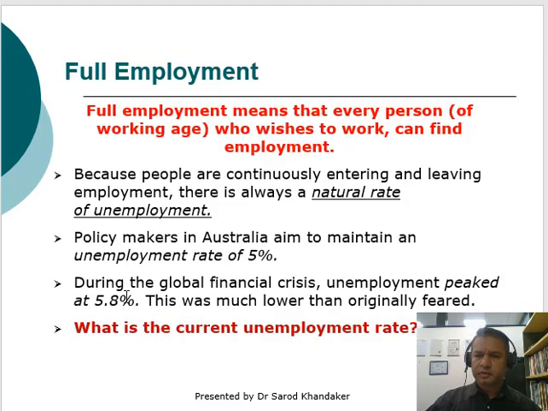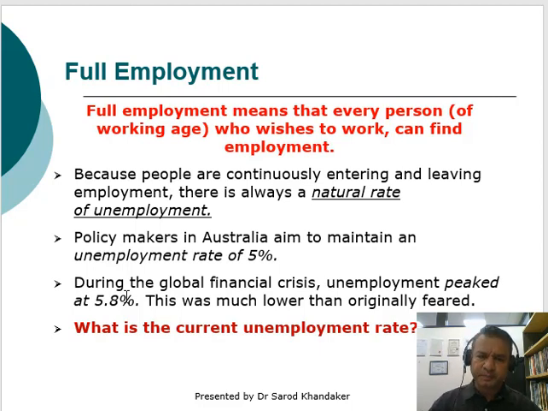Full employment. When we're looking at the objectives of monetary policy, one of the main objectives is to have full employment. Now, what is the definition of full employment? Full employment means that every person of working age who is willing to work or looking for work has an employment opportunity.